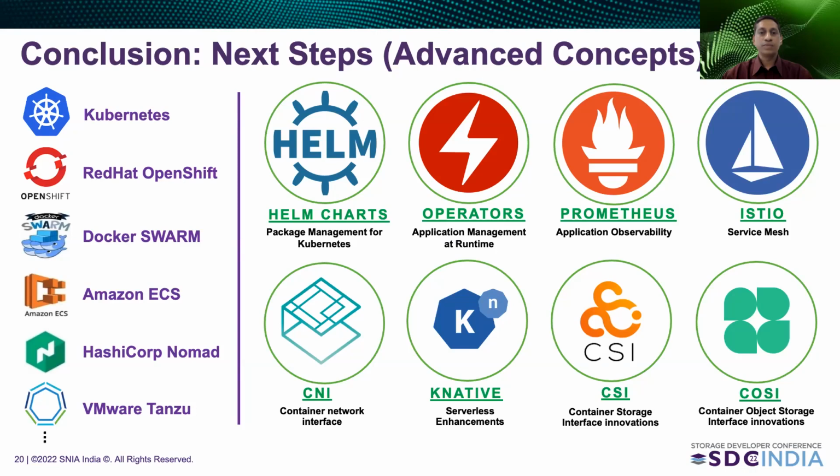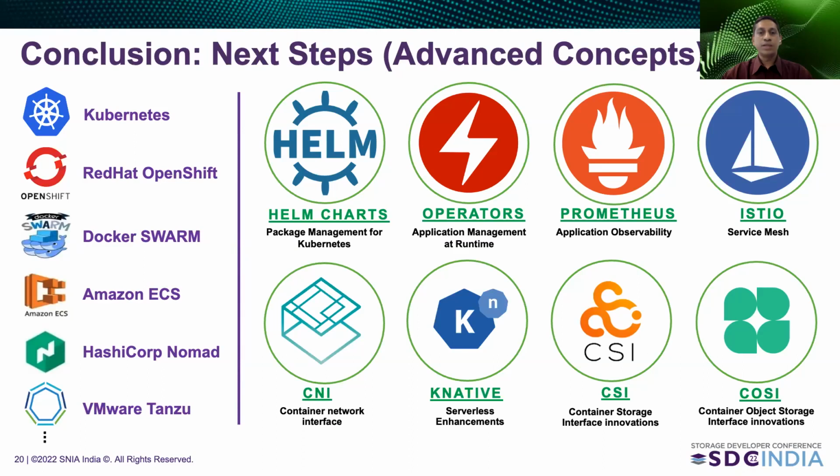Let's talk about them quickly. Helm helps with managing the distributions and deployment. Kubernetes operators help control application at runtime using Kubernetes command set. Prometheus helps in collecting statistics or telemetry information from the system. Istio is another one which helps in implementing service proxy and helps with network traffic management.